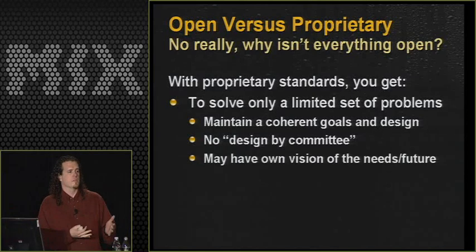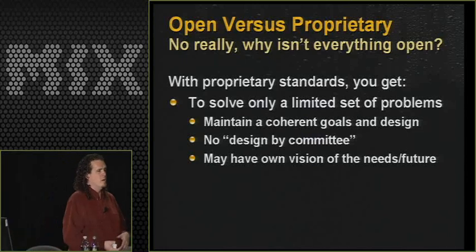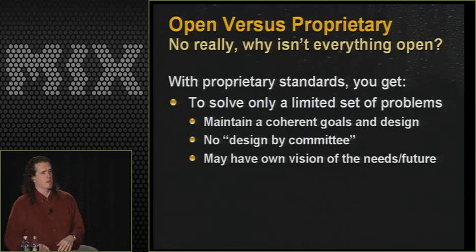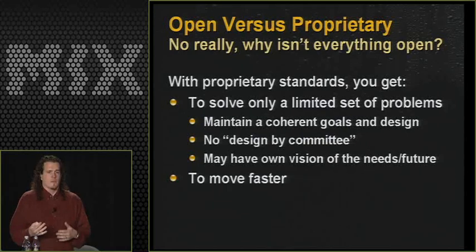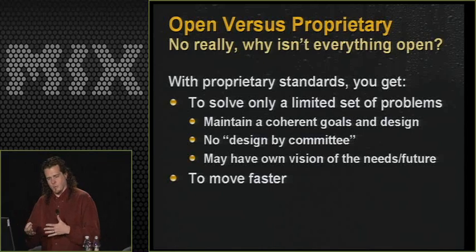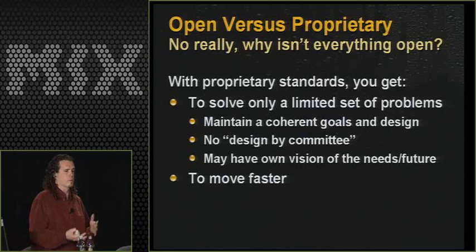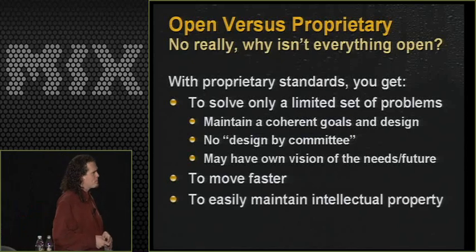You may have your own vision of the future, and this is somewhat related. You may actually want something very different than the other people who are participating in an open standards working group. And as I think some of the guys in the WHATWG have figured out, you can move faster when you have a smaller set of people, when you have a more limited set of goals.